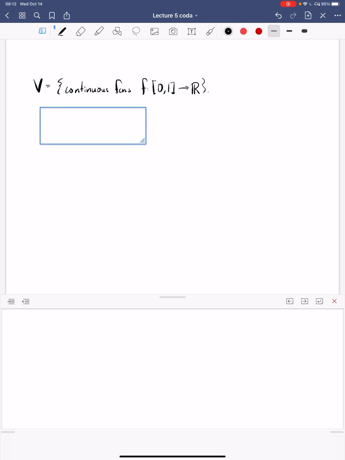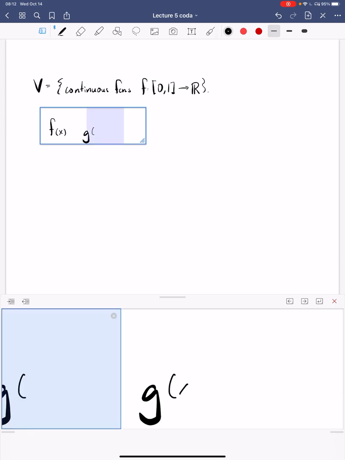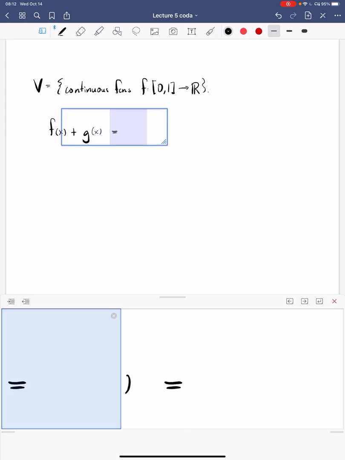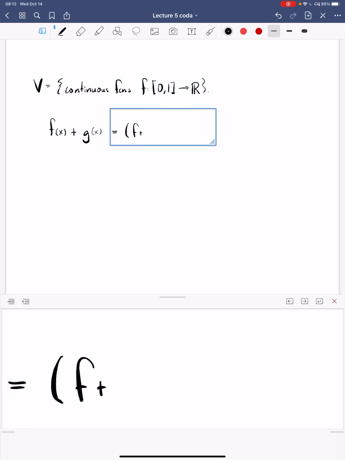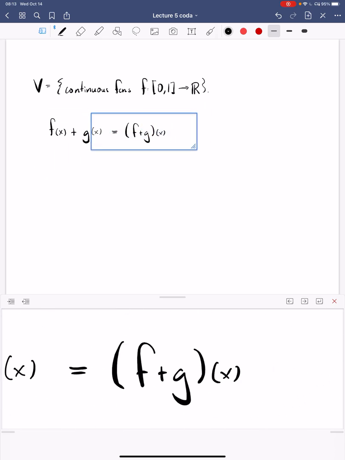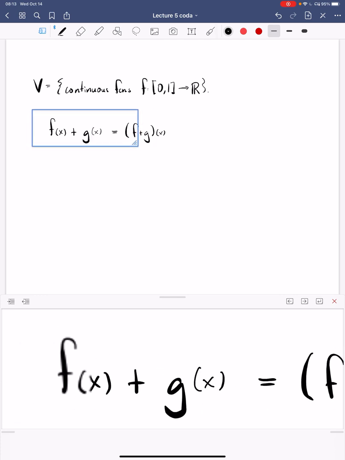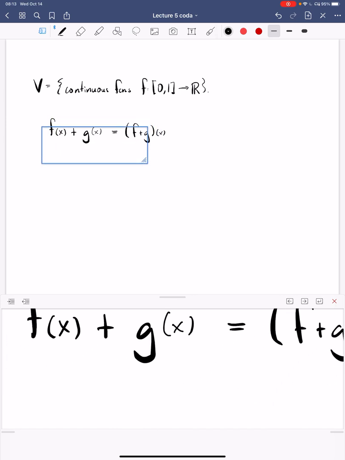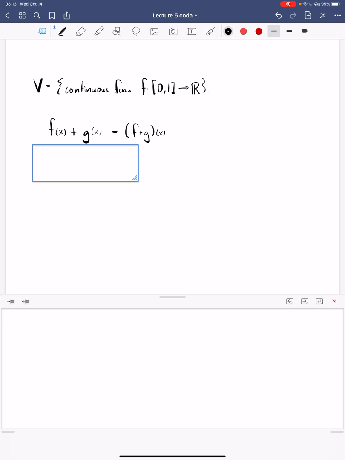If I have two vectors in this space, a function f of x and a function g of x, what is their sum? This is the function f plus g of x, which by definition evaluates so that if you put an input x into it, f plus g of x outputs the sum of f of x and g of x. So this is what f plus g means, and scalar multiplication is defined in the same way.